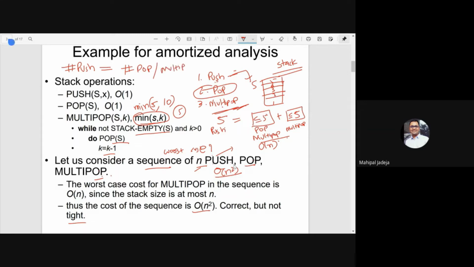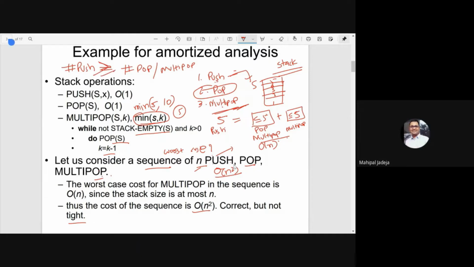This is the worst case. Say I am pushing 10 elements and there is no restriction that you must remove 10 elements. So can I write it like this: greater than or equal to?